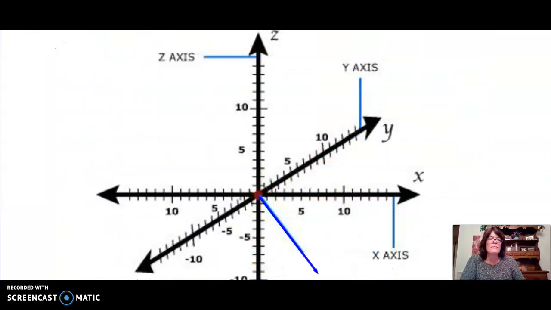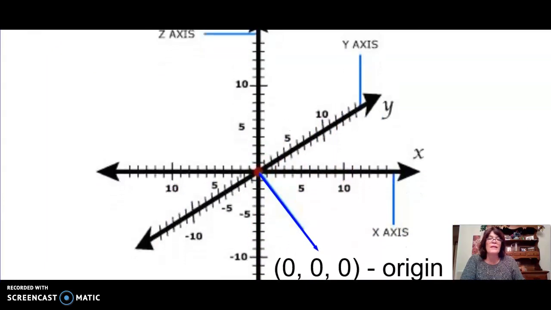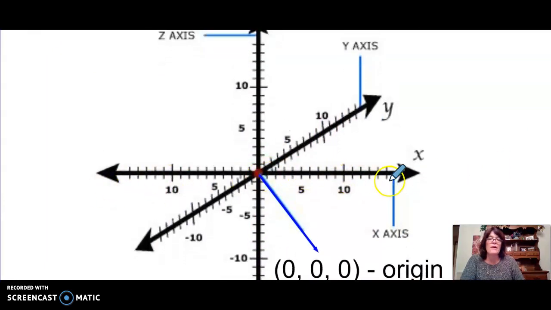All right, so this is sometimes what they'll show to look like the 3 dimensions here. We have the positive and negative x, positive and negative y, positive and negative z. I forgot to put the negatives there. So here's the x-axis. The y-axis is kind of going this way. This time they have the positives over here.